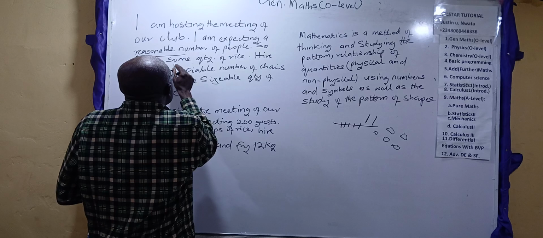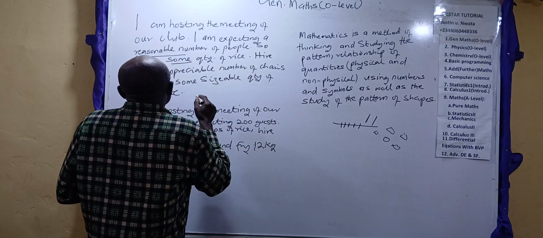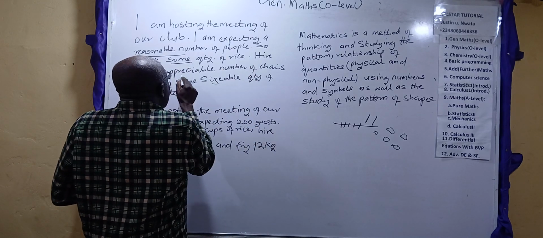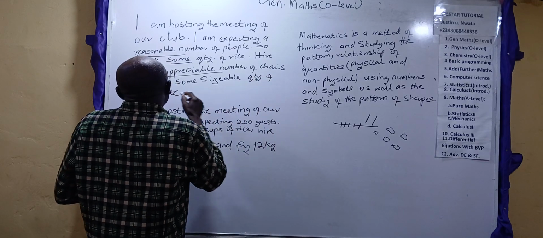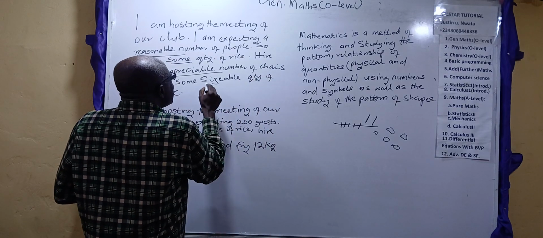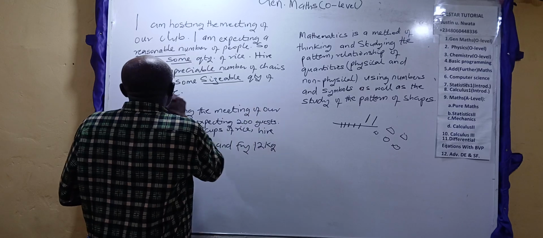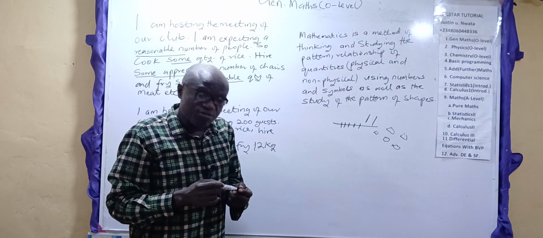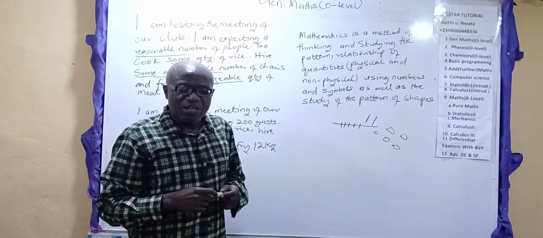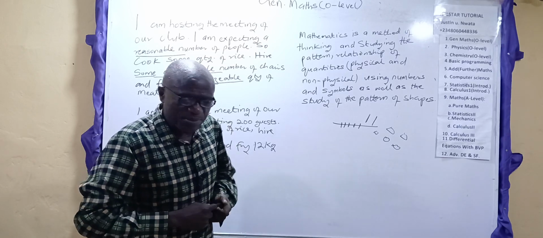So cook some quantity of rice. Hire some appreciable number of chairs. And fry some sizable quantity of meat. This instruction the madam of the house gave to the housemaid, to prepare for the people that are coming.